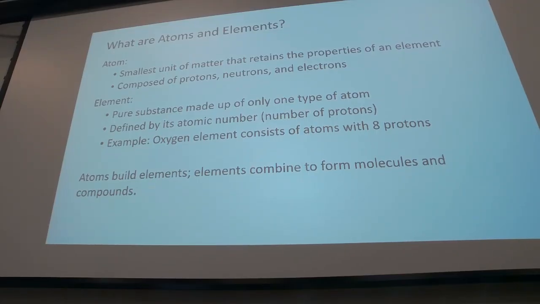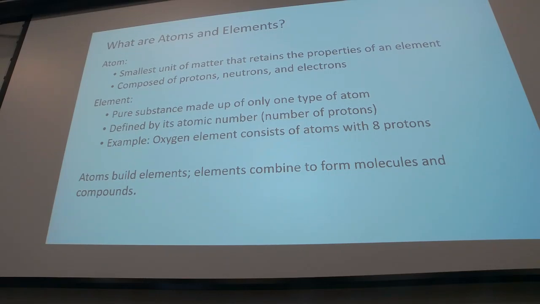The mass of electrons is so small that it's negligible, so we don't use that mass to calculate the weight of elements. We only use the mass coming from protons and neutrons to calculate the atomic mass unit. Sorry, the weight of an element. So atoms build elements.